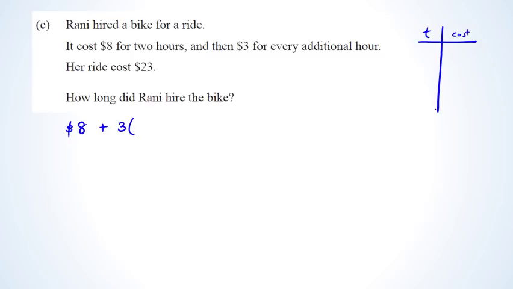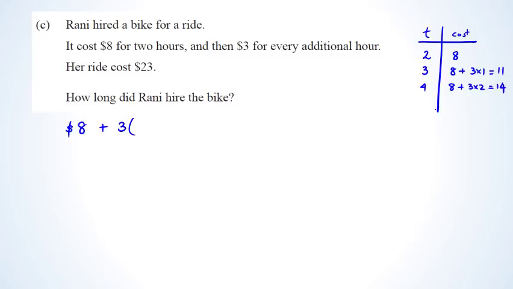We don't really know how much she pays for the first hour, but what we do know is after 2 hours it's $8. After 3 hours she's got to pay $8 plus $3 for the 1 hour, so that's $11 altogether. And then after 4 hours it'll be 8 plus 3 times 2, which is 14.